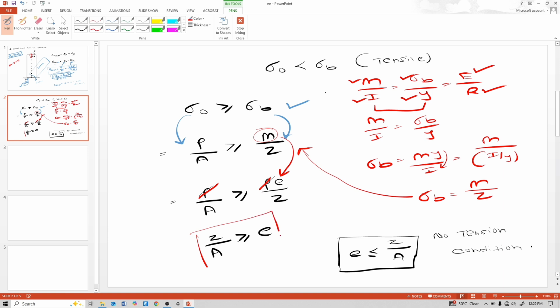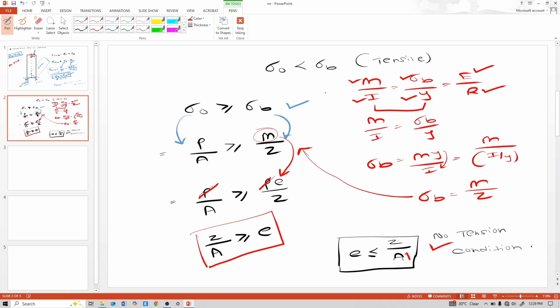So this is important, right? E should be less than or equal to Z by A. If E is less than or equal to the sectional modulus divided by area ratio, then only the no tension condition happens. See, understand this statement.